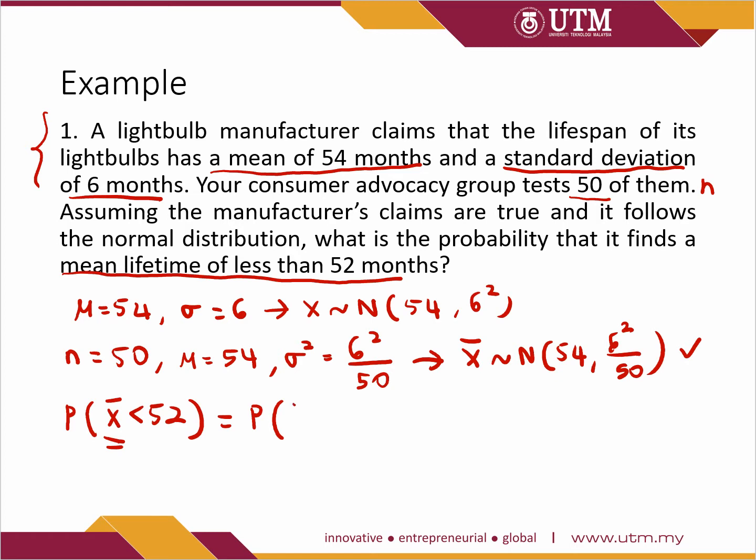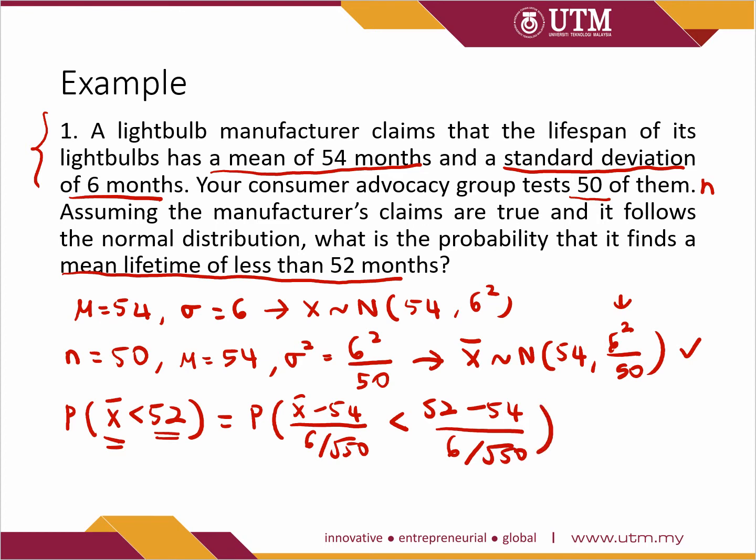So here would be x bar minus 54 divided by the standard deviation, which is 6 over square root of 50, less than 52. So I just rewrite whatever variable is given in this bracket.